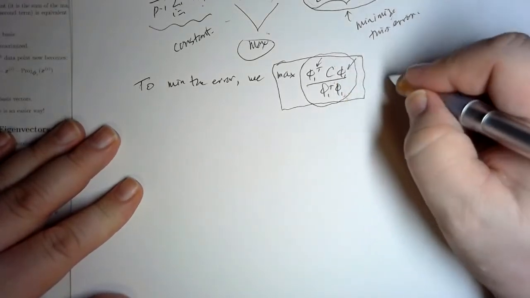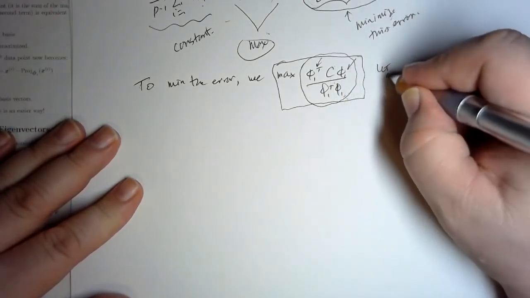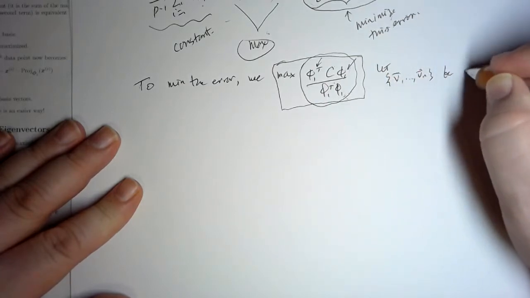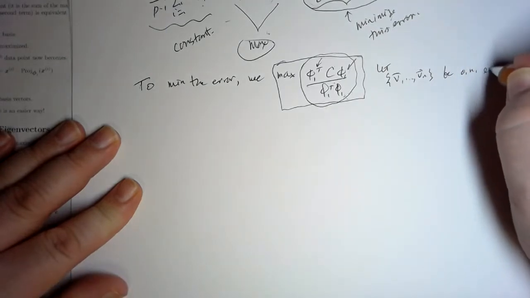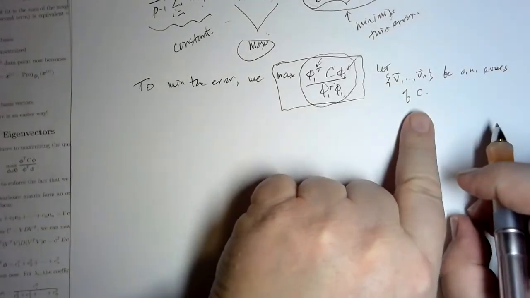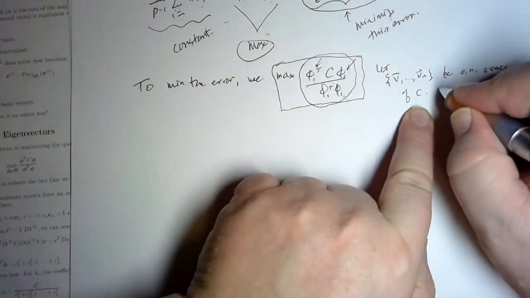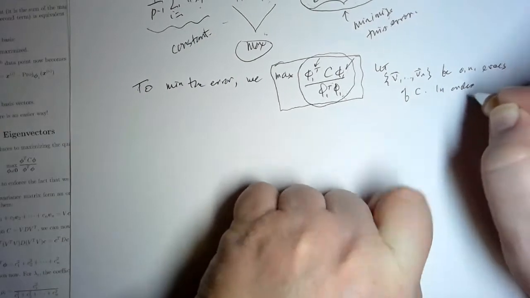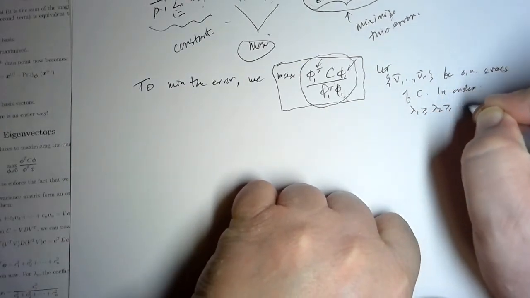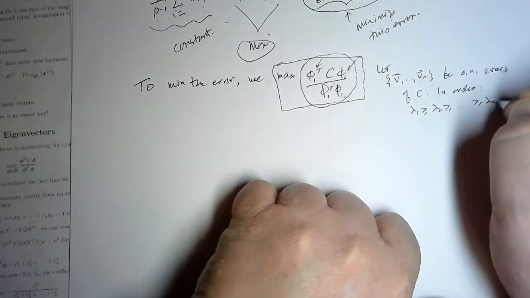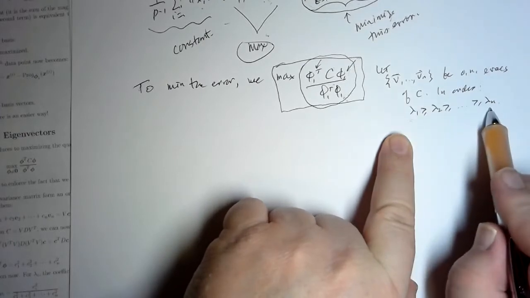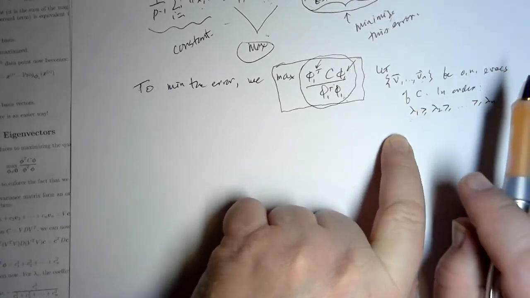And so therefore, let V1 through Vn be orthonormal eigenvectors of C. And we're going to put these in order, so that lambda 1 is the biggest eigenvalue, lambda 2 is the next biggest, and so on, down to lambda n. So the first eigenvalue is going to be the biggest, and that's going to correspond to V1. Lambda n is the smallest, corresponding to Vn.